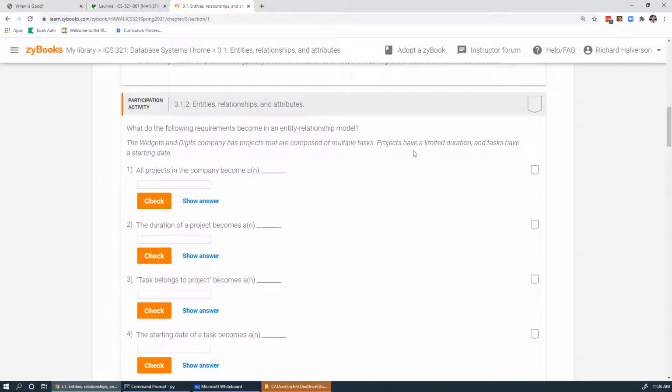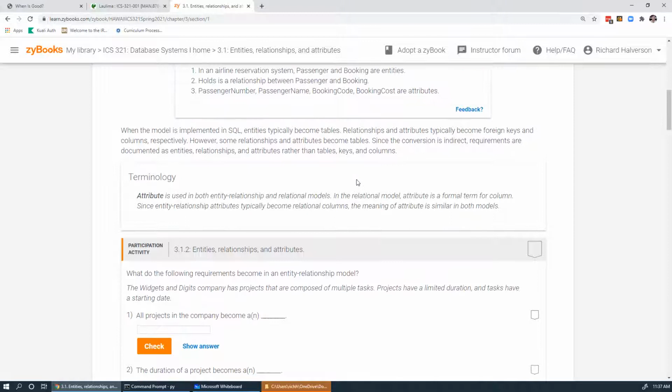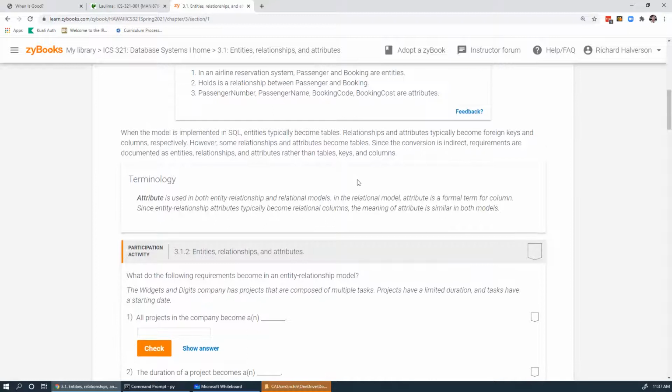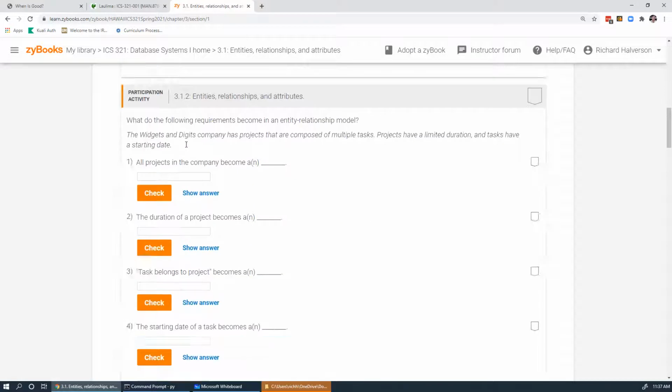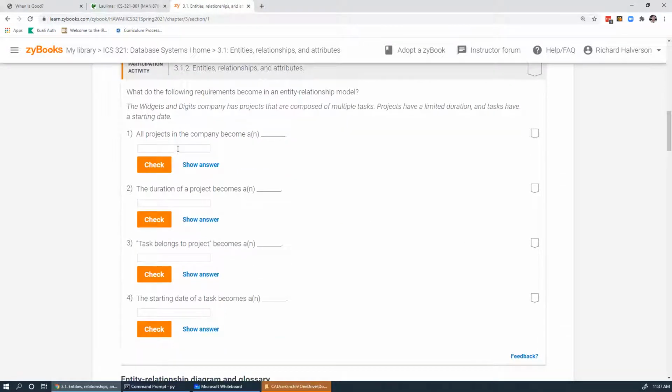So what do the following requirements become in an entity relationship model? All the projects become an entity.